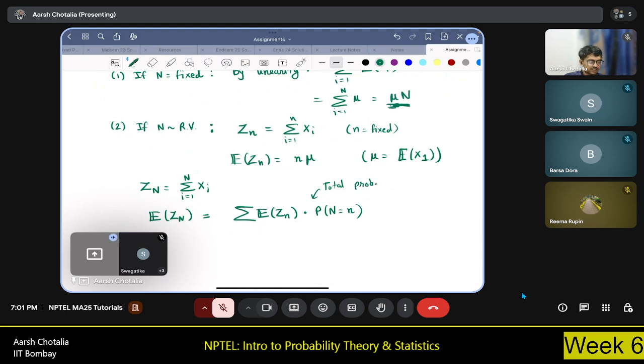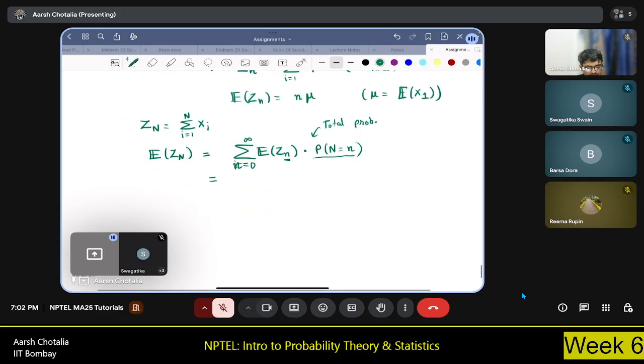So given that small n number of people come, I know the expectation, but then N itself has some probability. So I multiply those probabilities, then add together, where n is from 0 to infinity.